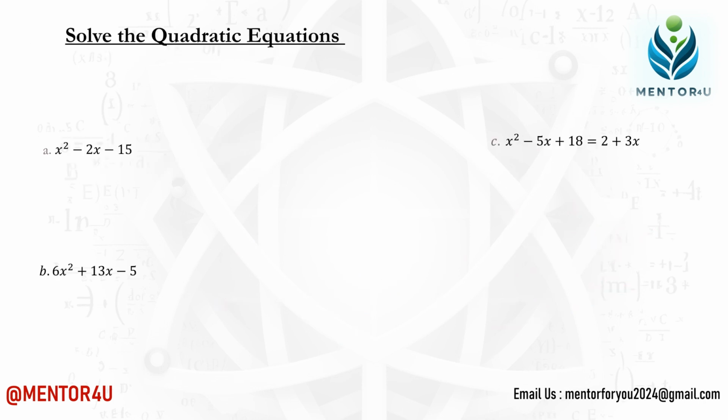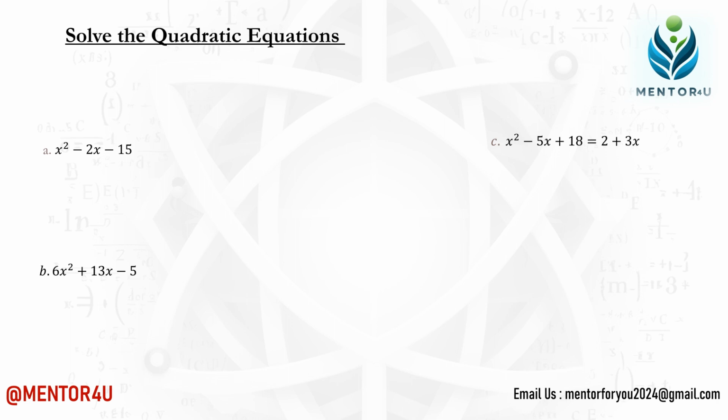So here we have some examples, and let us try to solve these quadratic equations using the factorization techniques. As I just told you, whenever you have a quadratic equation, you multiply the coefficient of x square with the constant.